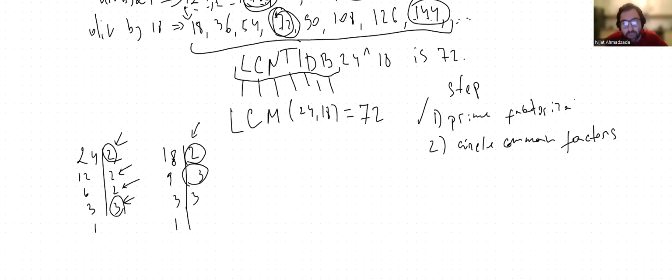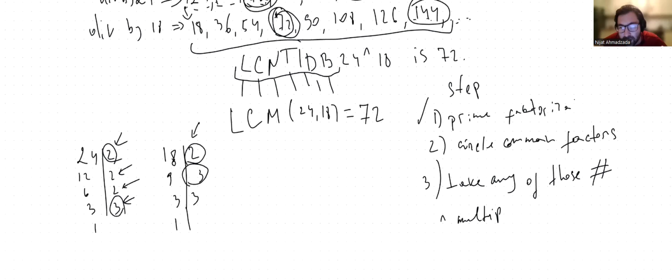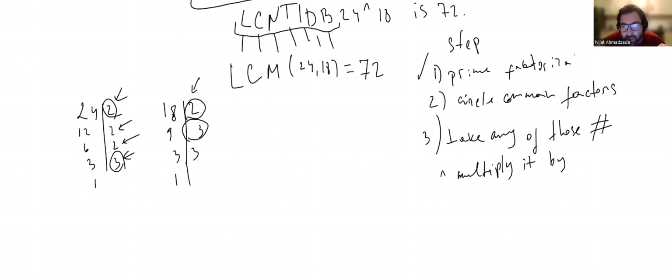That's it. We're done. And then he said, take any of those two numbers and multiply it by the non-circled numbers on the second number.